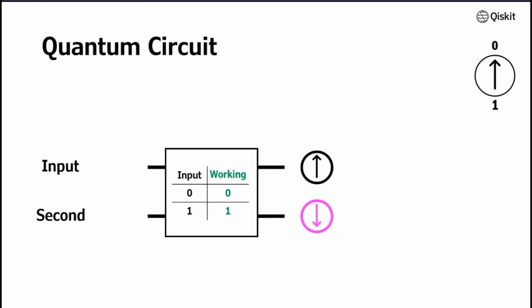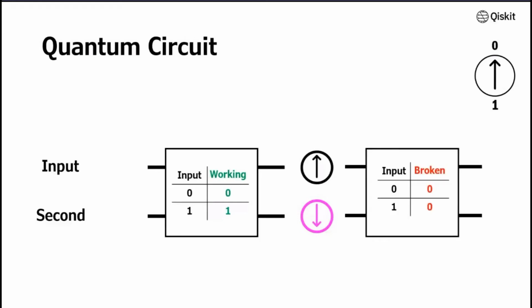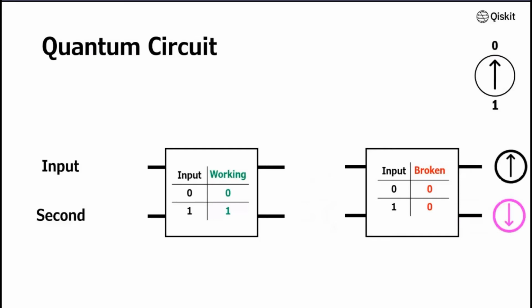When I put the 0 state as an input, it will not do anything to the second state. So can I tell that this is a working switch by trial 1? No, because a broken switch will give me the same output. When I put 0, it will give me 0. So just by checking one time, I cannot really tell whether this is working or broken.